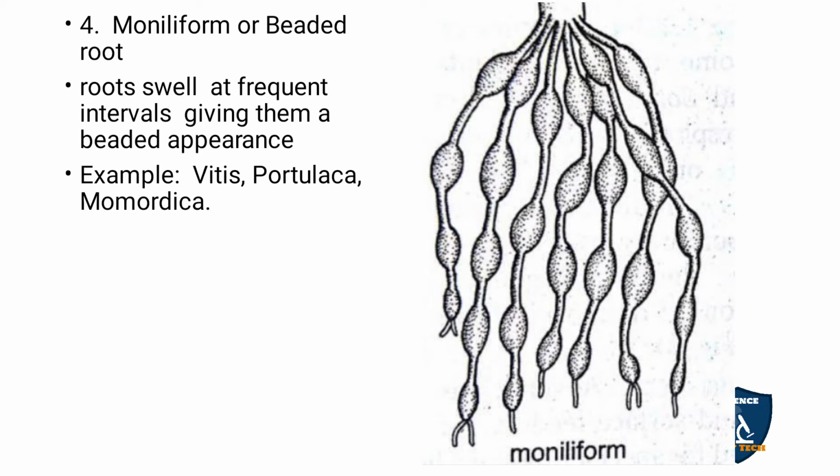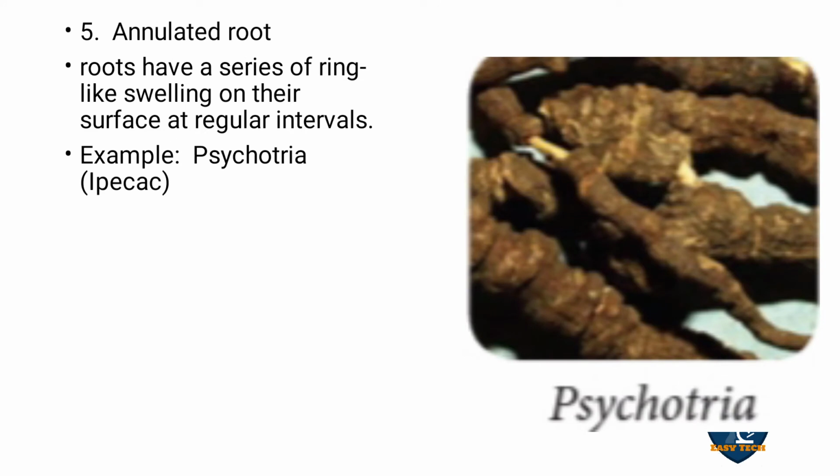Moniliform or beaded roots. You can see the swelling at regular intervals on the root and it looks like beads, a beaded appearance. Example, Vitis, Portulaca, Momordica. Annulated roots.